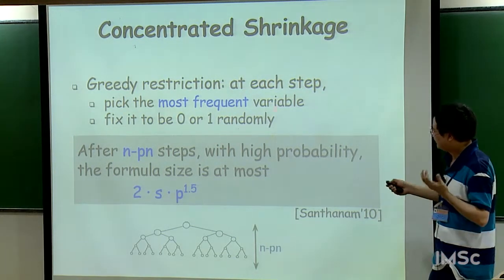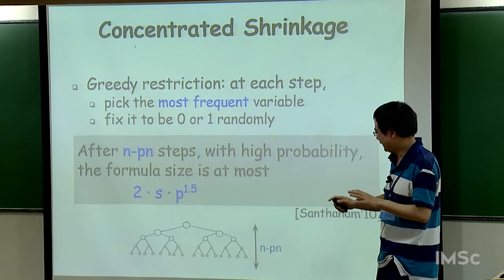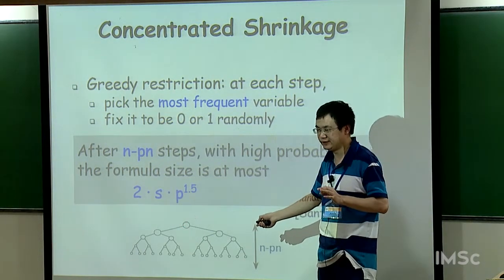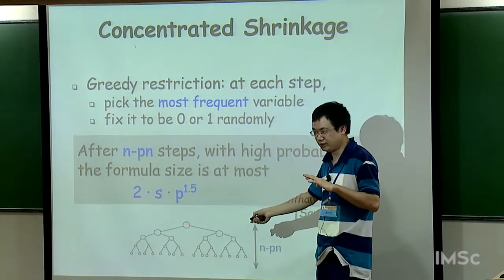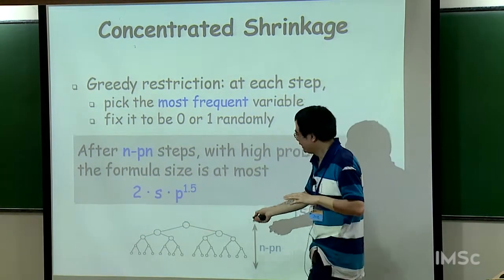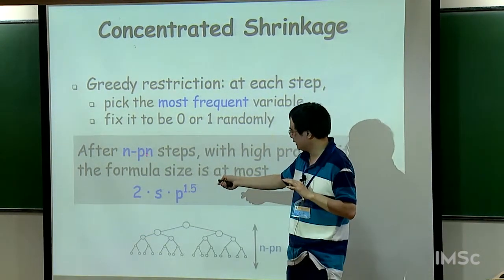One can also think of this restriction process as building up a decision tree, where at each level of the decision tree, I pick the most frequent variable and build 2 branches, and build this up to level n minus pn.